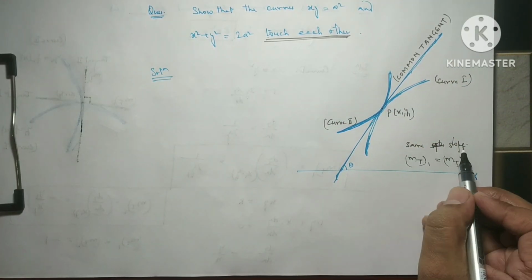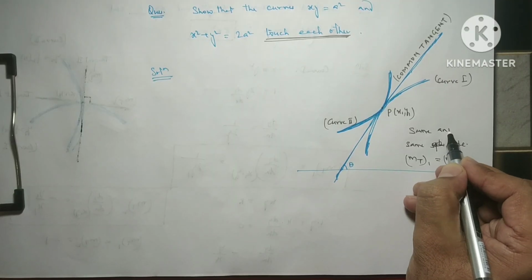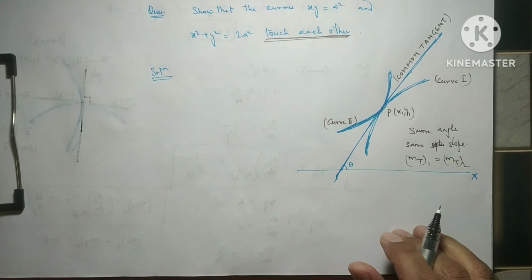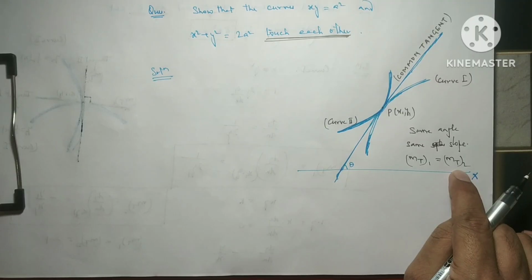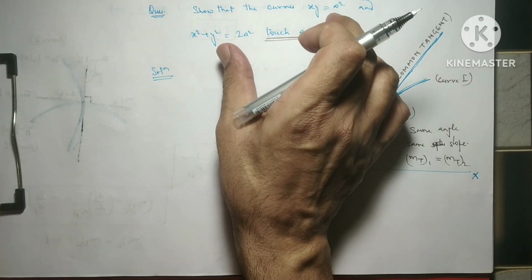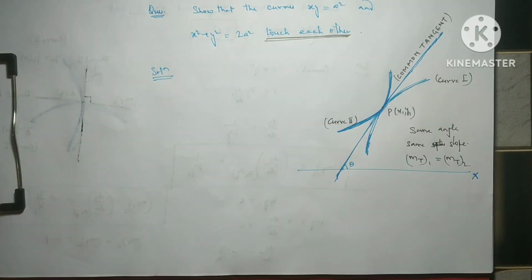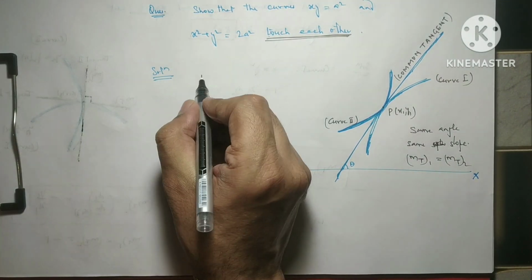So the same slope, same angles with positive x-axis. It means dy over dx at these points should be equal. So our focus is on the first derivatives of these two curves and their slopes, and these should be equal.